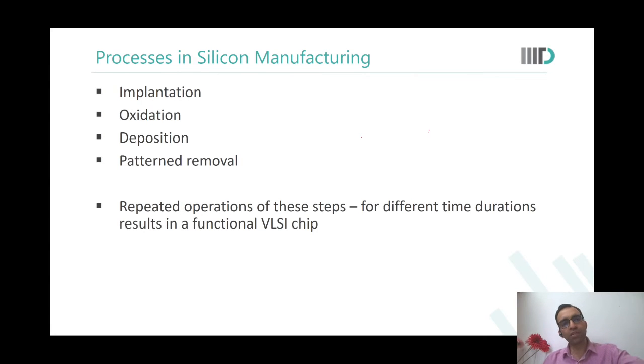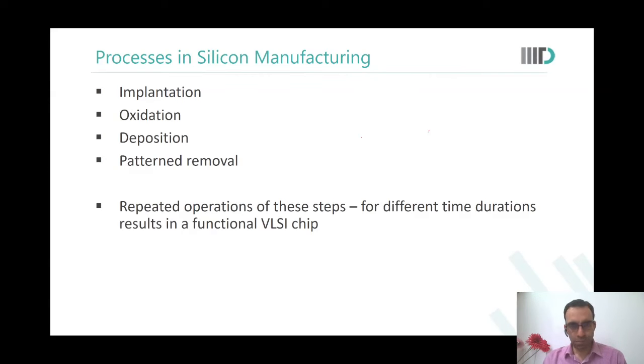I need to make the walls. I need to make the roof. Pillars, roof, wall, pillars, roof, wall. And I can go to as many stories as I want to. In a similar manner, the silicon manufacturing process also uses the same steps to build the wafer over and over again, to make multiple layers of metals and so on.